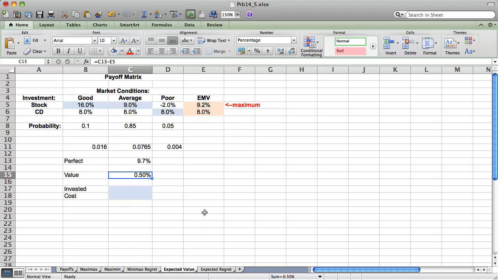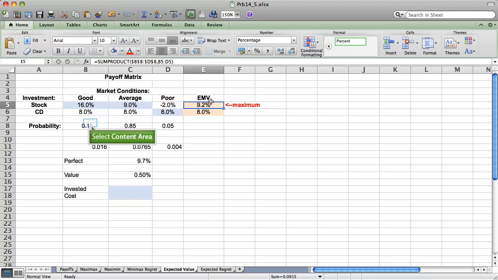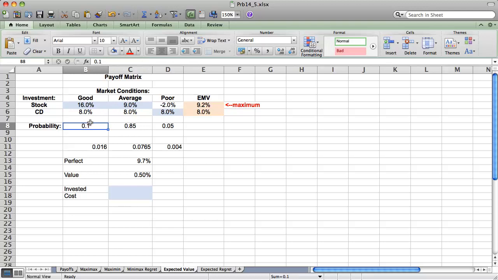So here, the 9.2% gives us the expected payoff over time, because some of the time, 10%, will have good market conditions, and if we were in stocks, we would get 16%. 85% of the time we'll have average conditions, and then we would be earning 9%. And so on. If we had a poor market, we would be at a loss of negative 2%, but that's only occurring 5% of the time.